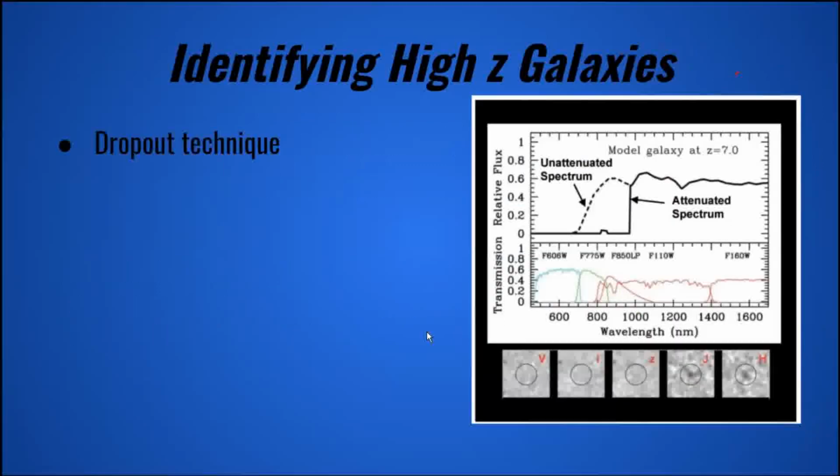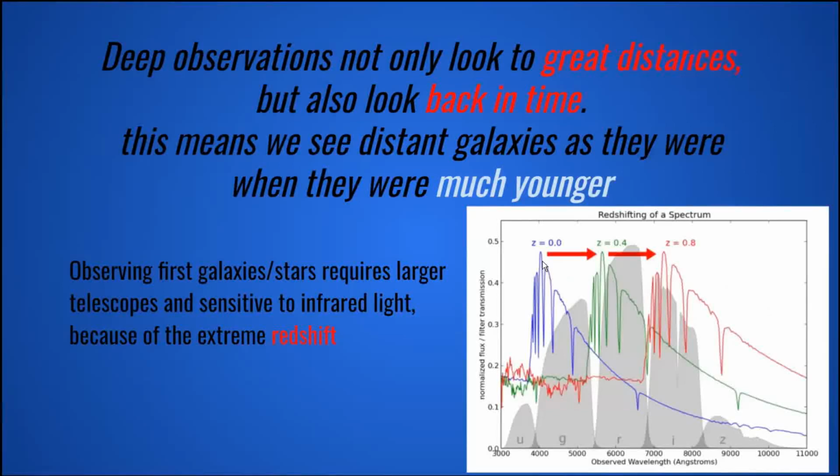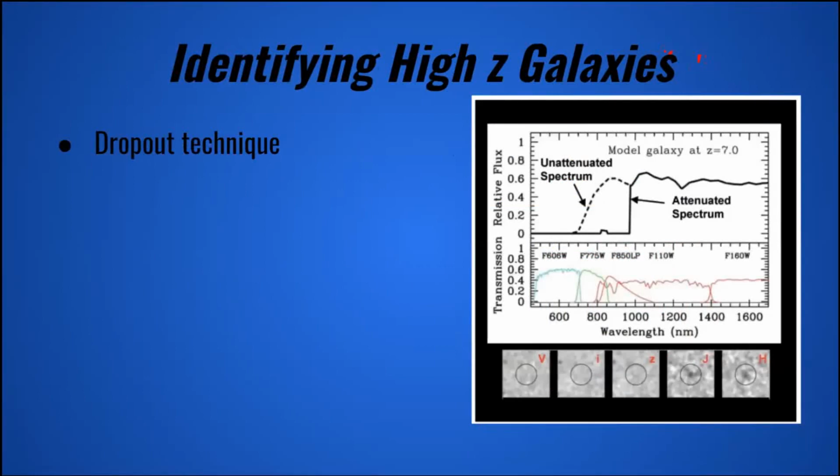So to identify candidates at high redshift, we use a technique called the dropout technique. We take photos in different bands, and because a spectrum at some point has a big drop, which is not the Balmer break, it's just a drop in the infrared, we can take a lot of images, and when the galaxy disappears, it's because we caught that drop.